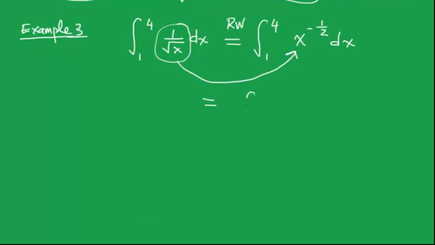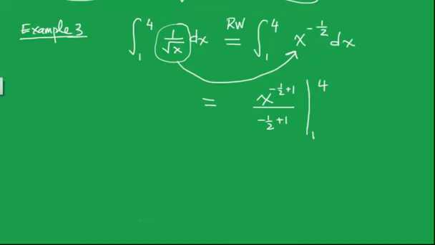So this is equal to the integral from 1 to 4. We can already find an antiderivative of that function. So this is x to the negative 1/2 plus 1 over negative 1/2 plus 1. And we draw the vertical bar from 1 to 4.